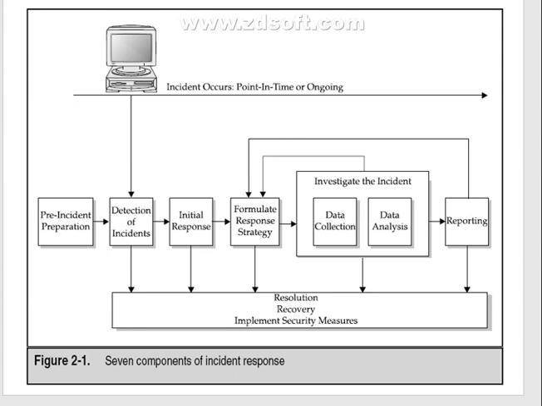However, we need to understand that from the detection of incident, from each of the stages up to reporting, we need to come up with resolutions and also implement security measures. So this methodology, if followed, will help investigators to perform their forensic investigations.